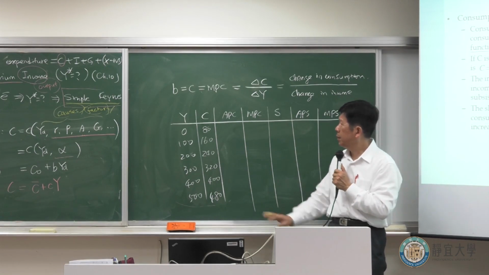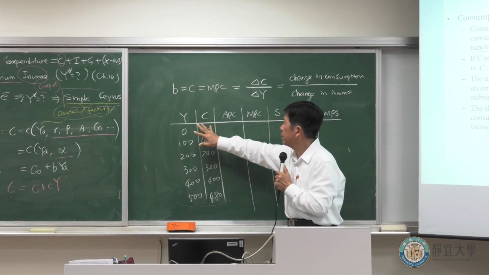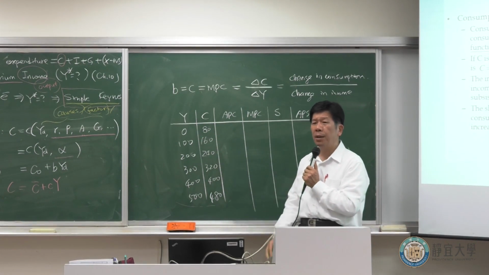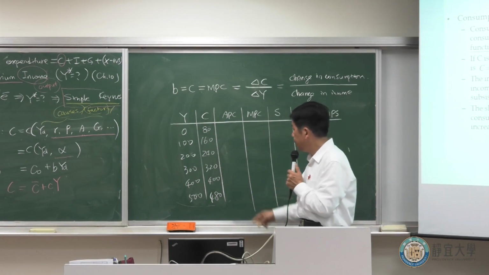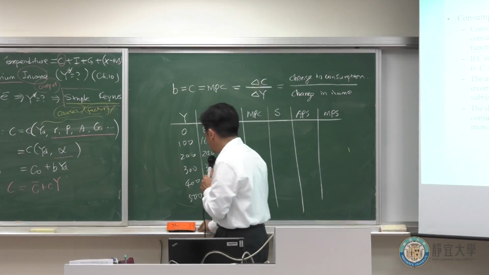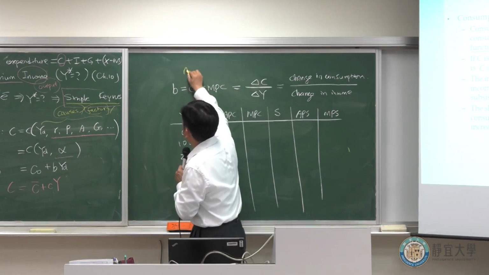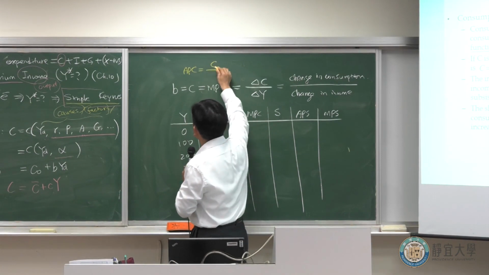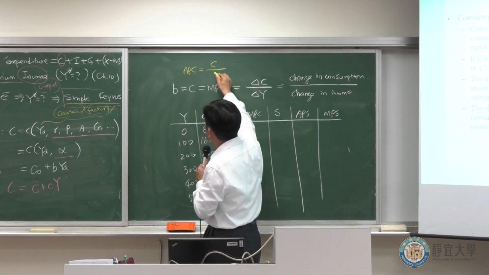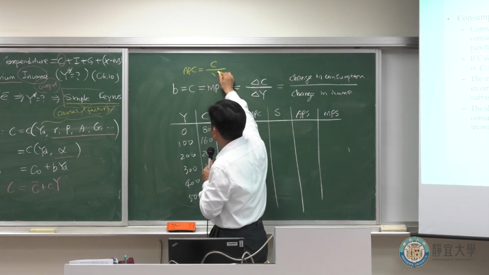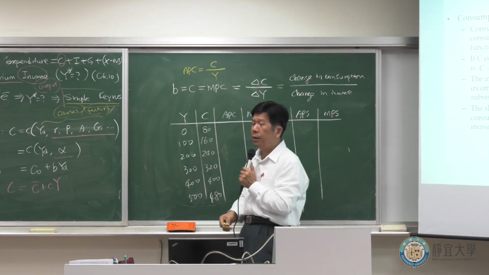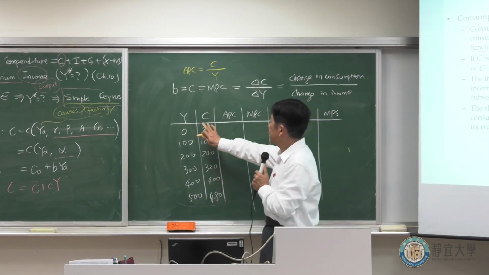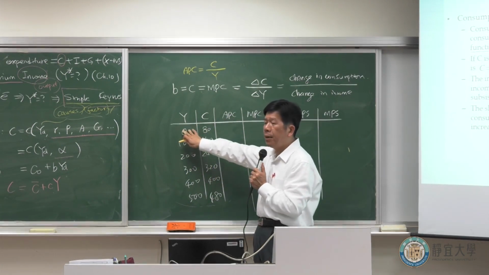So, do you understand? Y is income, C is consumption. And the APC, what is APC? APC is average propensity to consume. So here you calculate consumption divided by income.